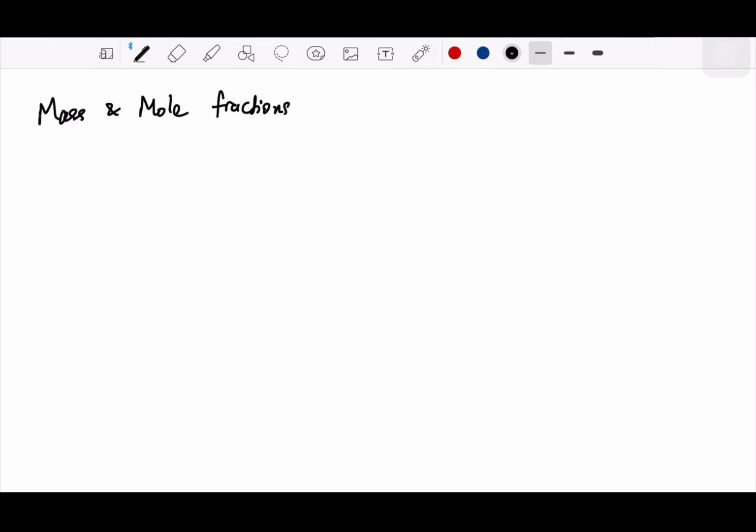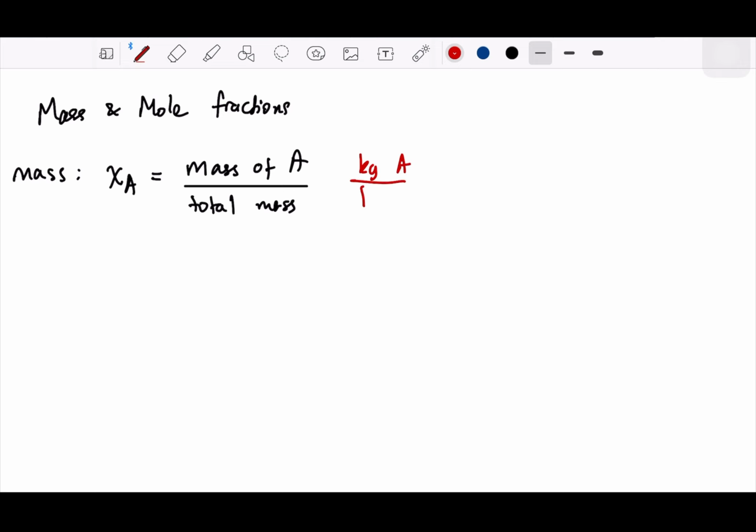I think you already know this one, but let me just review for you. Mass fraction means the mass of A divided by the total mass. We can say this will have kilograms of A over kilograms total. And we can also write in terms of moles.